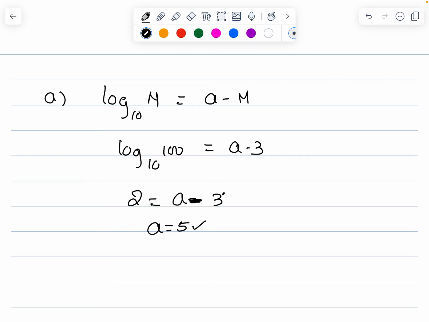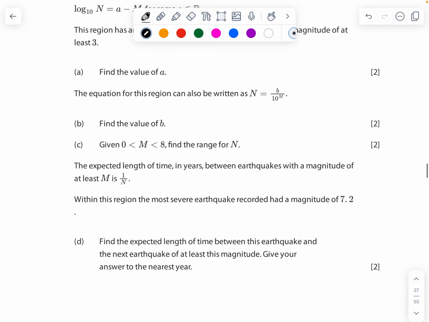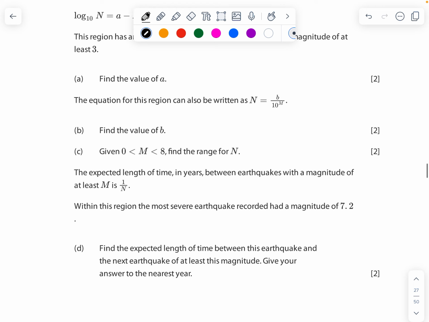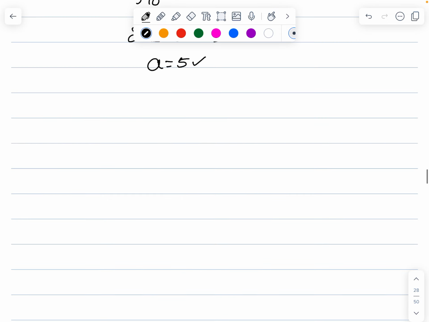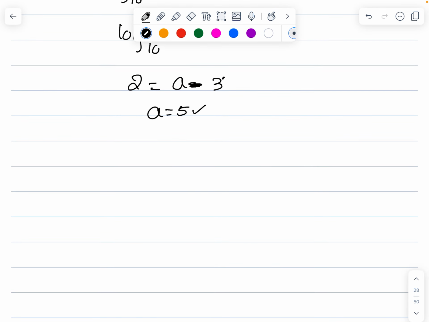Next, it says the equation for this region can also be given by this. Find the value of B. So for part B, n equals B divided by 10 to the power m. What is the value of B?